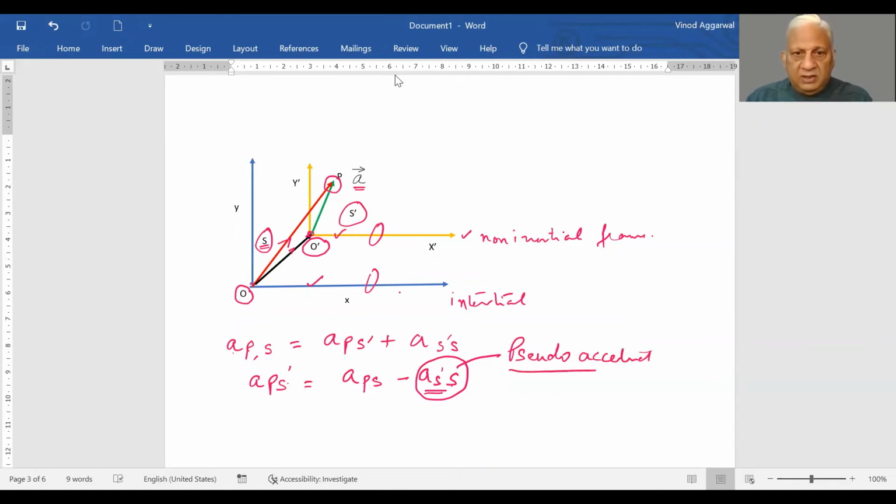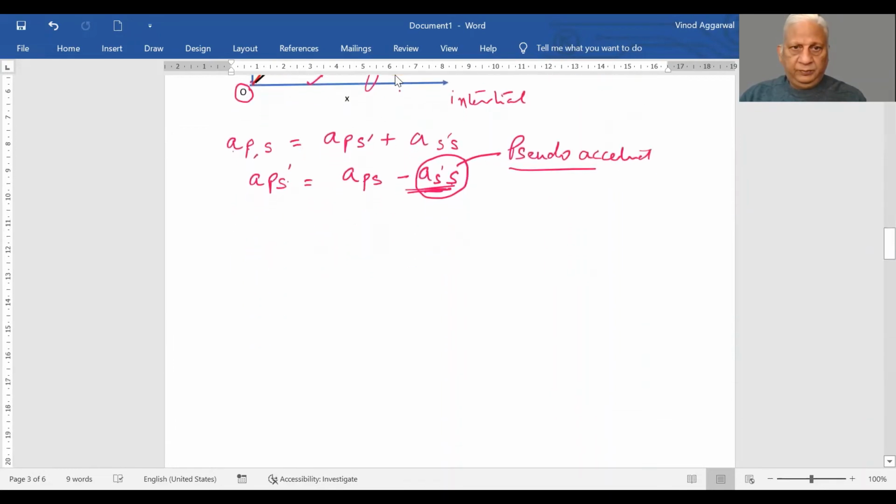Now, if we apply this pseudo acceleration to our non-inertial frame, then all Newton's laws become applicable. Let's see with some example.